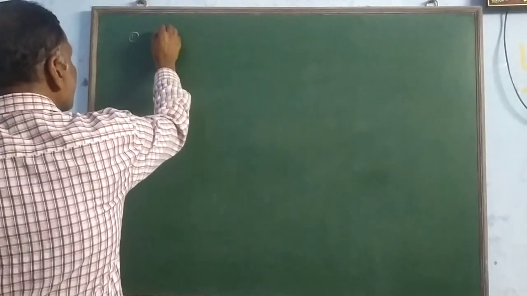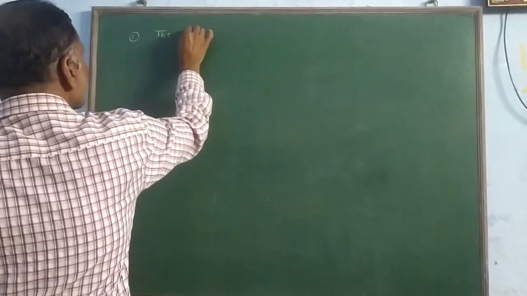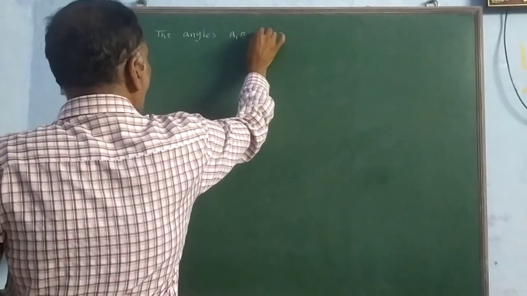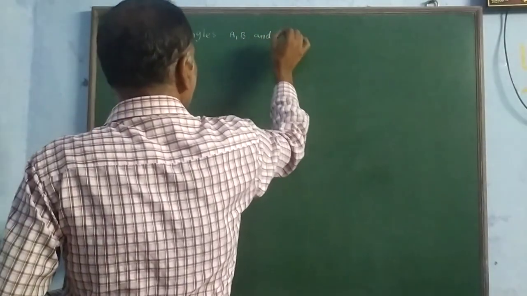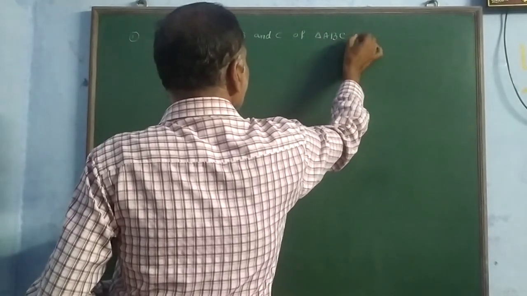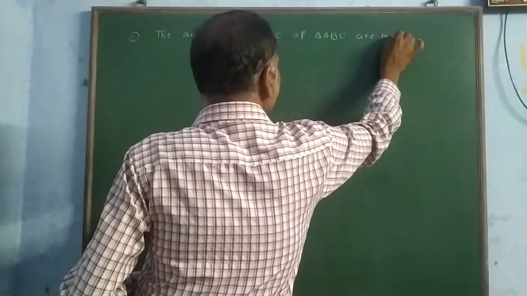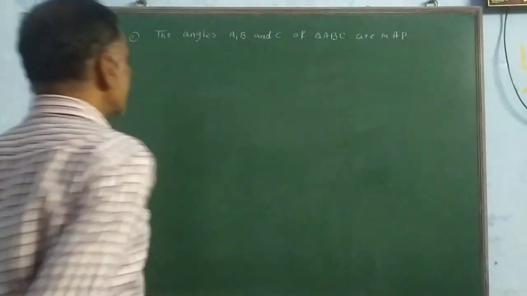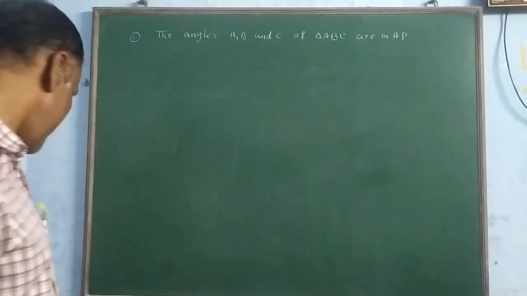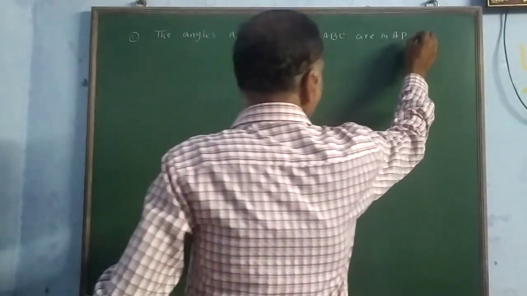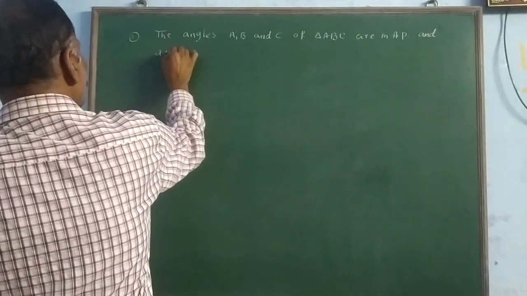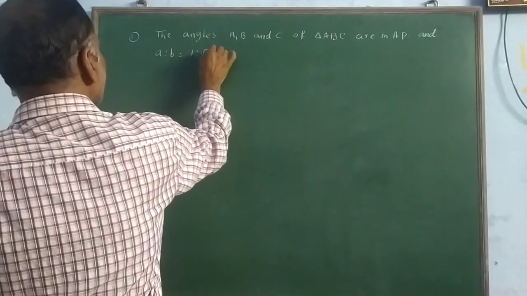The angles A, B and C of triangle ABC are in AP, and a is to b equal to 1 is to root 3.